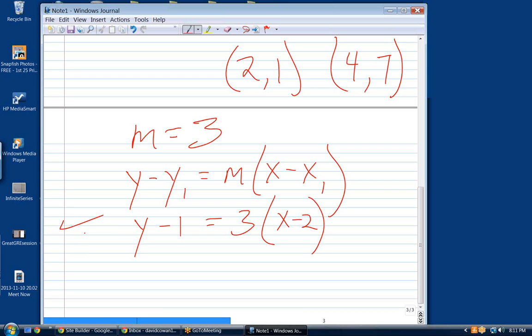So let's manipulate this further so that it's in y equals mx plus b format. Well, we have our slope. Distribute the 3.